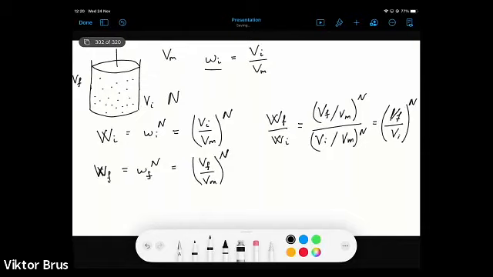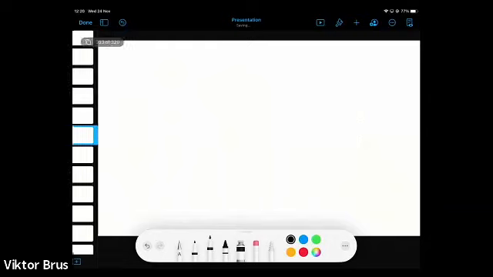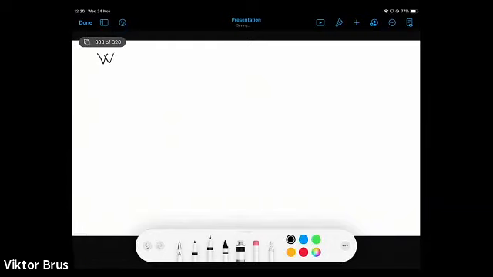So now let us maybe write this part on the new slide and continue. So we got that W_f over W_initial is equal to V final over V initial in the power n.